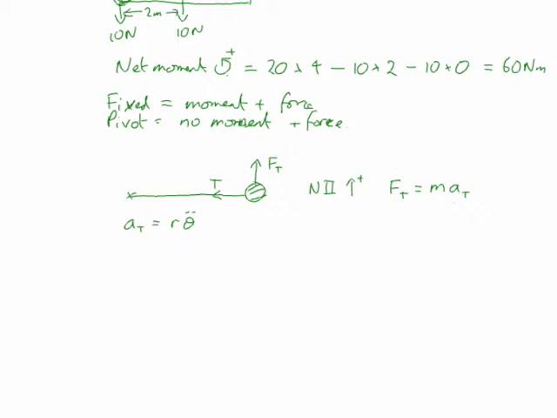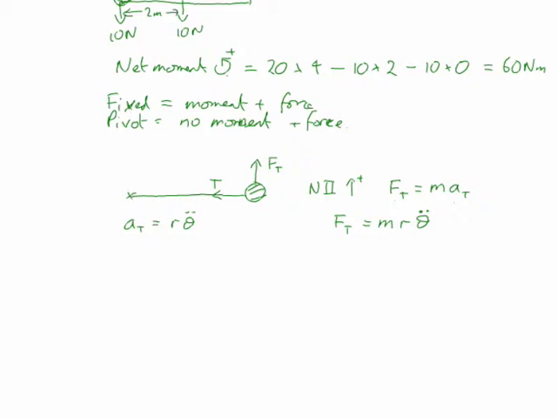So if we look at this, then we can rewrite this as the tangential force is equal to the mass times the radius times theta double dot, right? Now, this, of course, is not particularly useful because we don't usually know what the tangential force is.